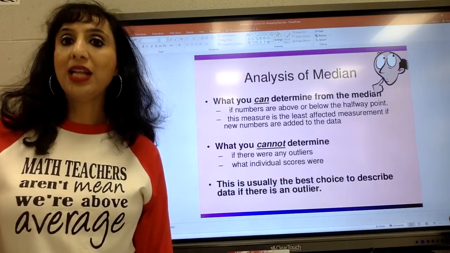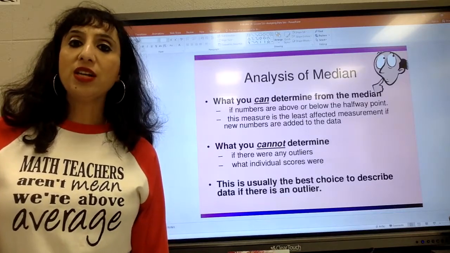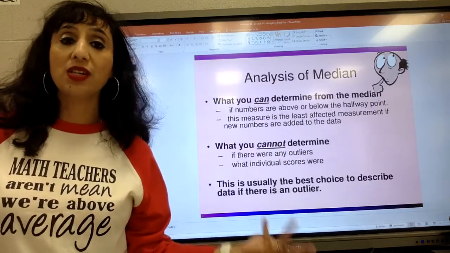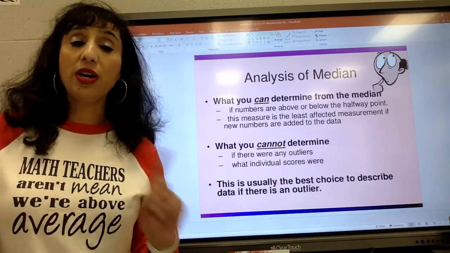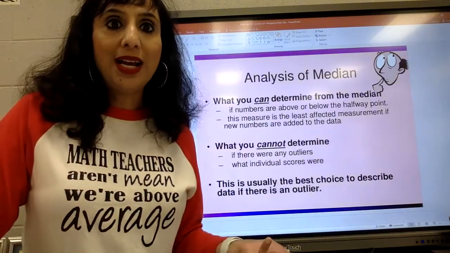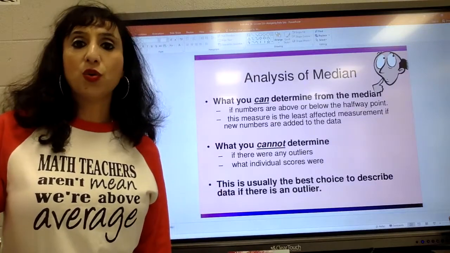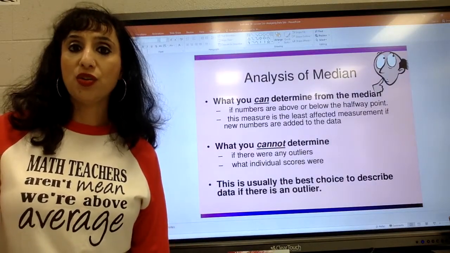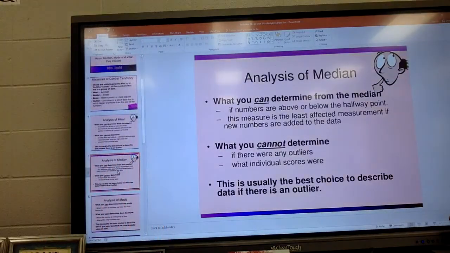What you cannot determine is if there were any outliers, like the example I just showed you. I stuck a 0 there, but 0 was on the outside because you only worry about the middle number. So you can't tell if there was an outlier or not, and you also can't tell what the individual scores were. This is usually the best choice to describe data if there is an outlier.